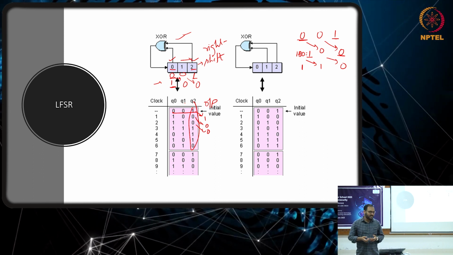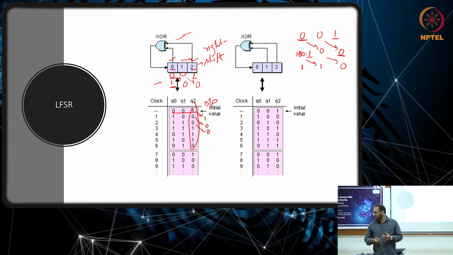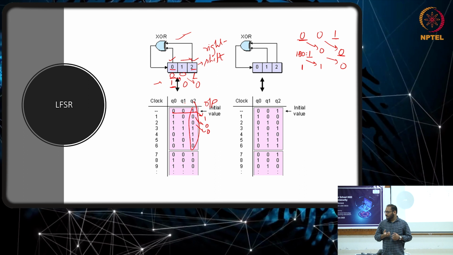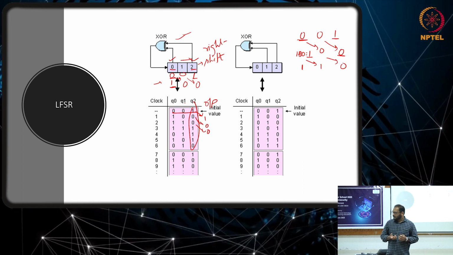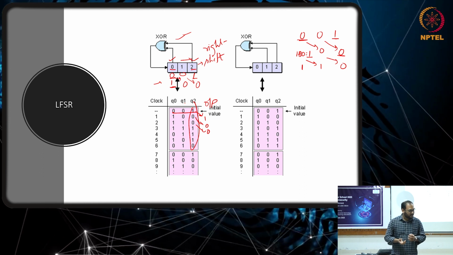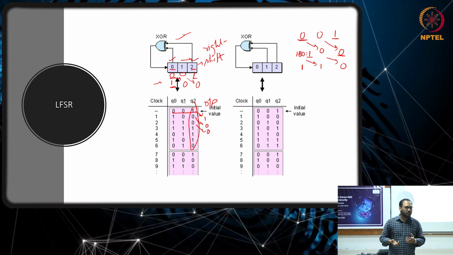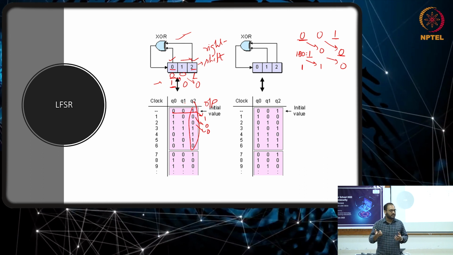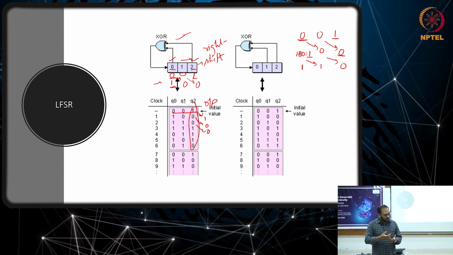Convention, right? There's nothing like that. That's the convention. You have to fix it. Once you design a cipher, you have to fix that, it should be right or left. Convention is to go with right.